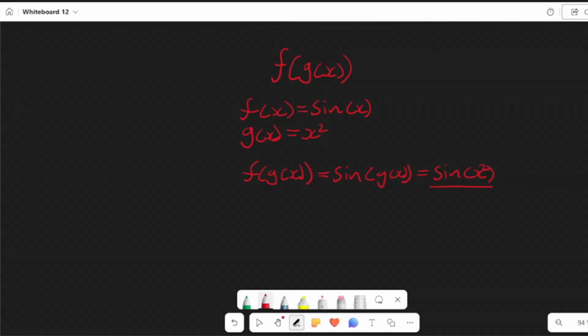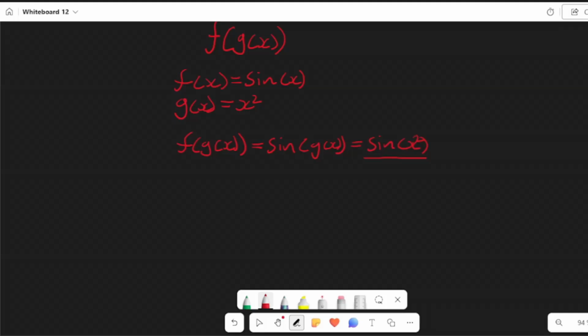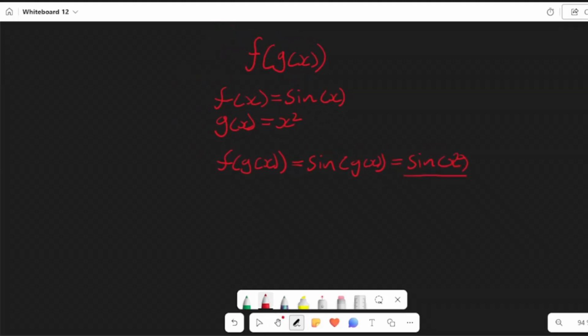So we need something called the chain rule, as I stated from the beginning. What the chain rule says is that the derivative of an inscribed function, for example, the derivative of f of g of x, can be written as f prime.